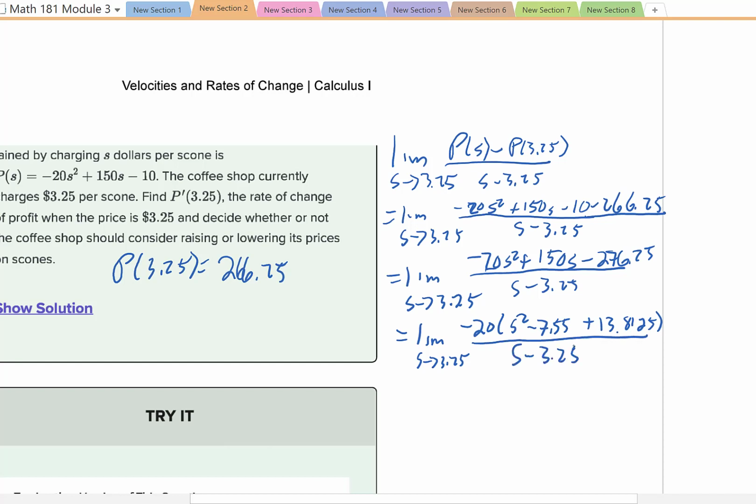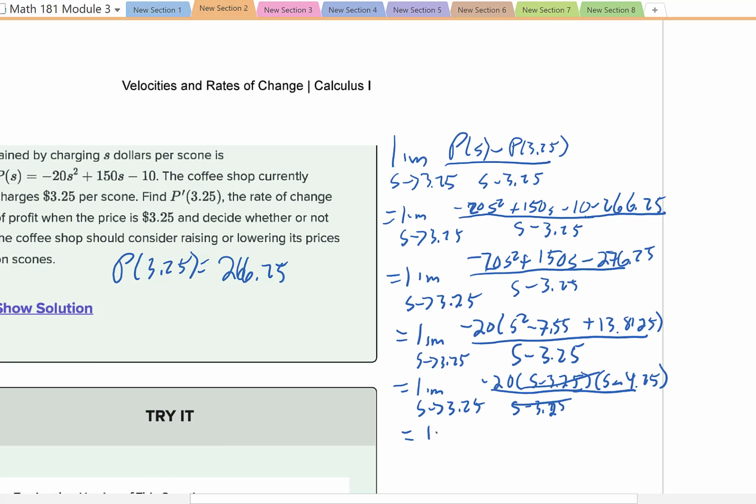I know we don't usually factor with decimals like this, so this becomes the limit as s approaches 3.25. Remember, we have the s minus 3.25 in the denominator. We have that negative 20. Now, guess what? S minus 3.25 is a factor of the numerator, as is s minus 4.25. So the s minus 3.25's divide out.